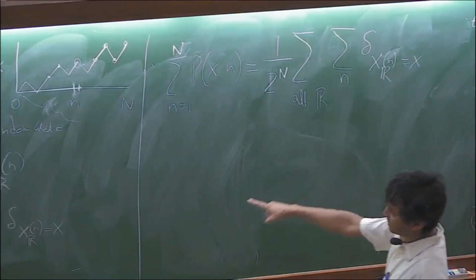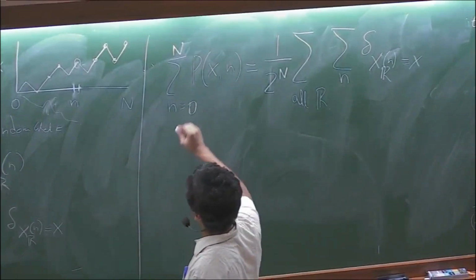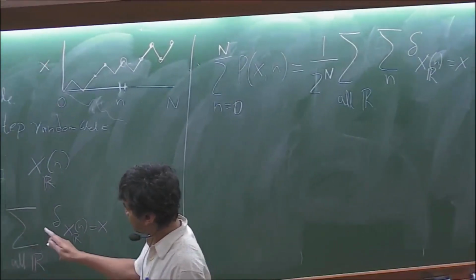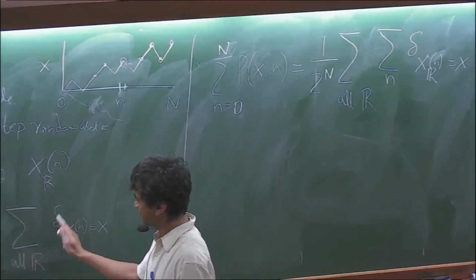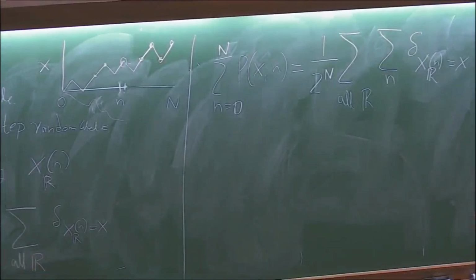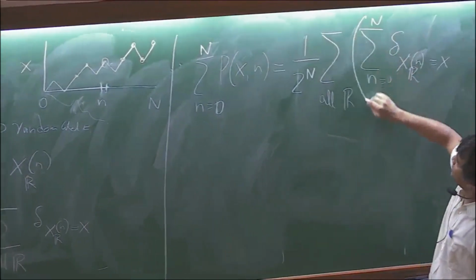I did this sum over n equal to 0 to infinity of this object, and there were 2 summations, and I interchanged the summations. So I put the summation over small n inside, and this n goes from 0 to capital N. So now, what is this object?